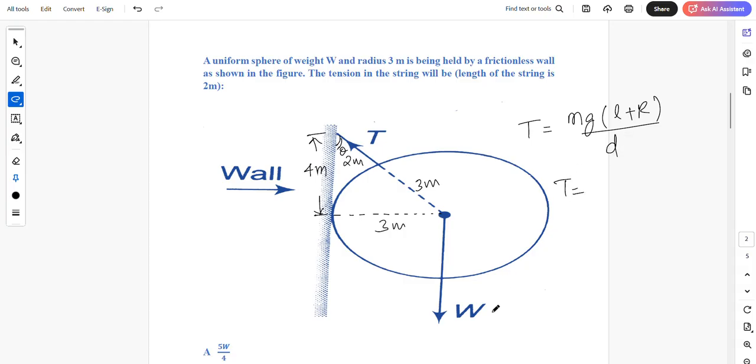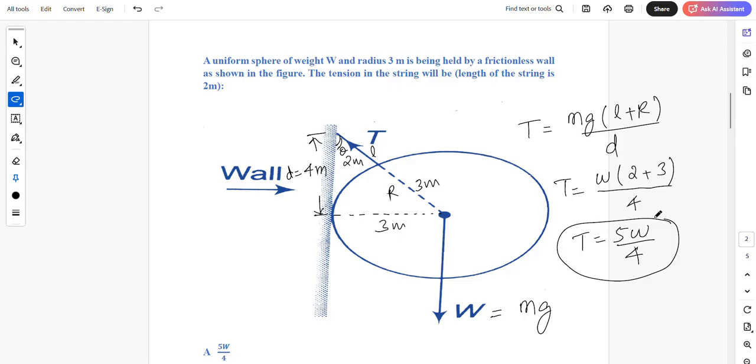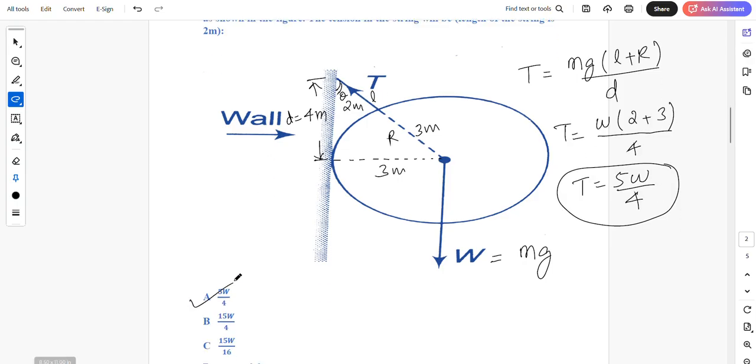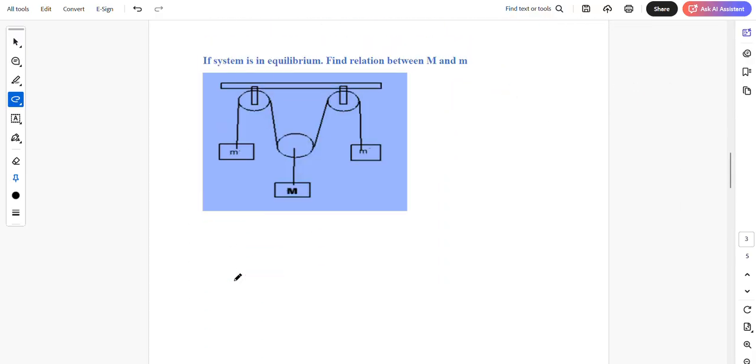In place of mg, they are writing W. W into L, the length of the string, that is 2, plus radius 3, divided by d, the distance, which is 4. That is T is equal to 5W by 4. 5W by 4 is the right answer. Hope you have understood this problem also. Let us go to the next problem.